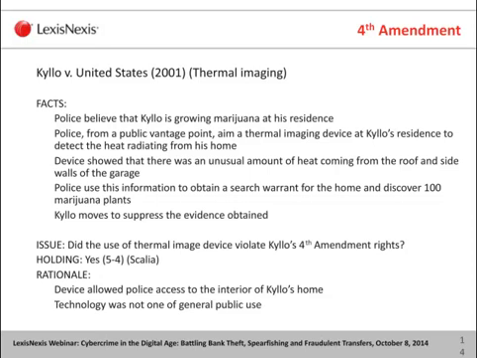They determine that a lot more heat is coming from this person's home than anyone else on the block. The device allows police to tell that the heat is coming from specific areas in the house. They see it's coming from the roof and from the sidewalls of the garage.